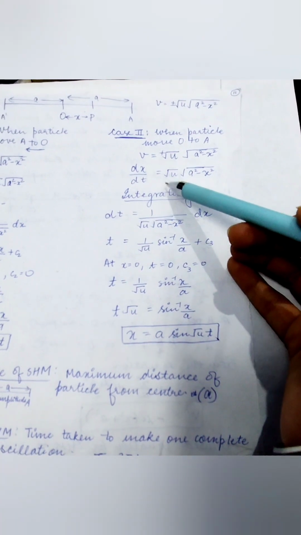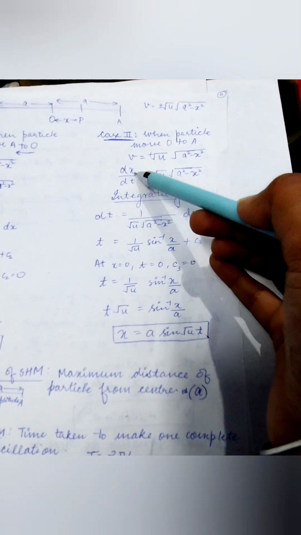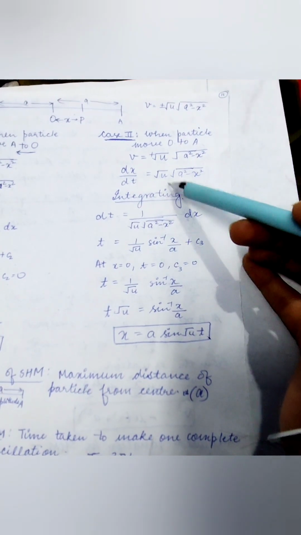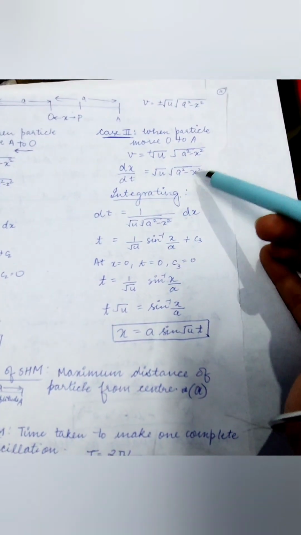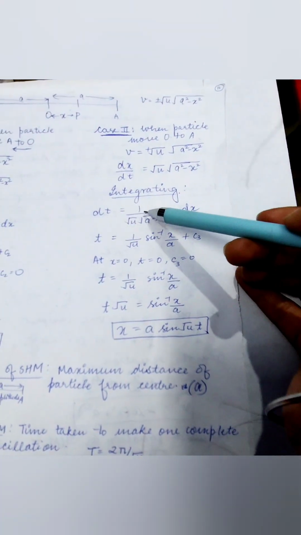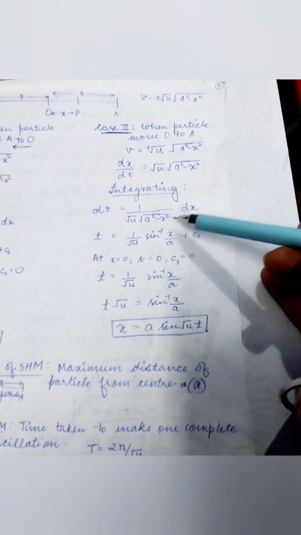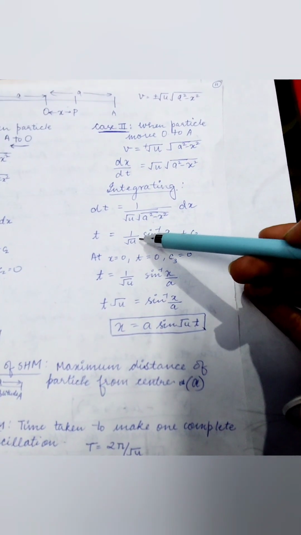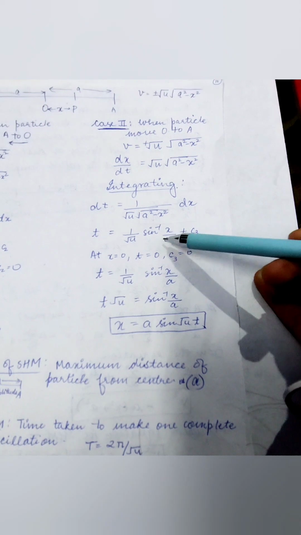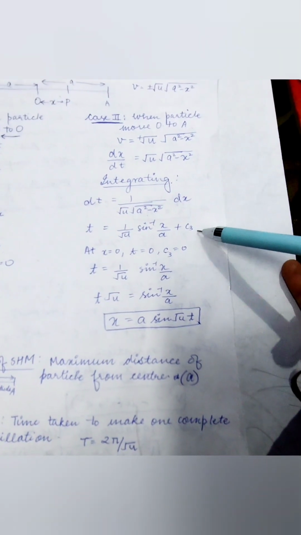Similarly, by putting dx by dt for v, we get dx by dt is equal to root mu times root A square minus x square, and on integrating we get dt is equal to 1 upon root mu times root A square minus x square dx, and t is equal to 1 by root mu sin inverse x by A plus c3. c3 is again an integration constant.